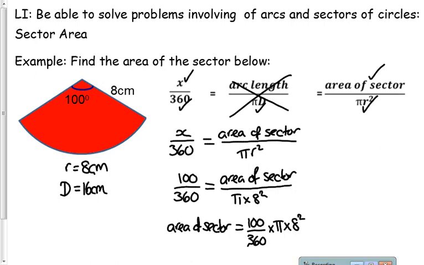That gives me 55.85, which I'm going to round again to 2 decimal places. So I have 55.85. My units are centimetres squared, and I've rounded that to 2 decimal places.